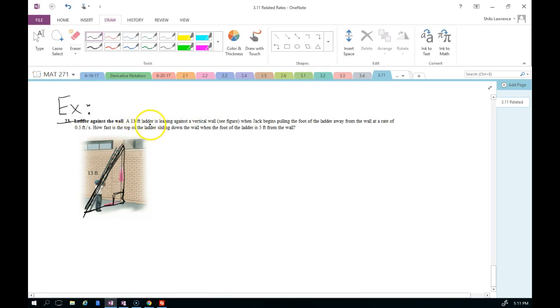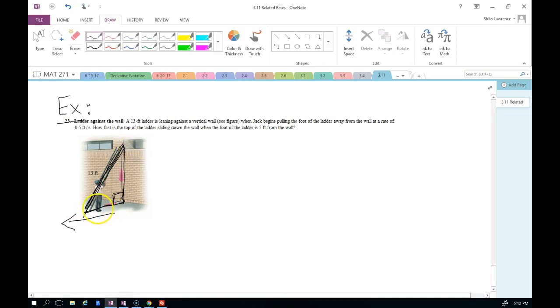A 13-foot ladder is leaning against a vertical wall. When Jack begins pulling the foot of the ladder away from the wall, so he's doing this, at a rate of 0.5 feet per second, how fast is the top of the ladder sliding down the wall when the foot of the ladder is 5 feet from the wall?